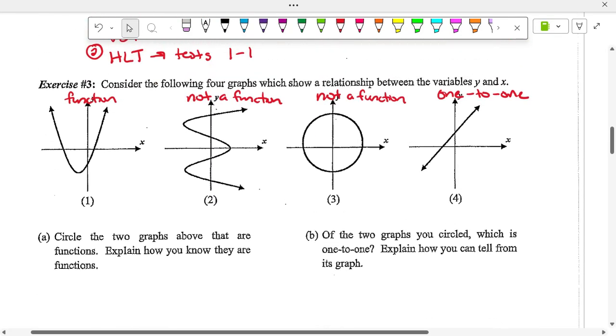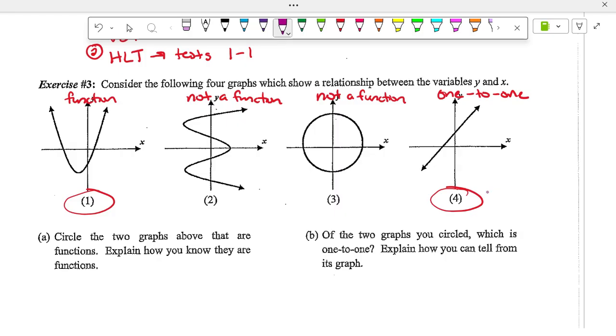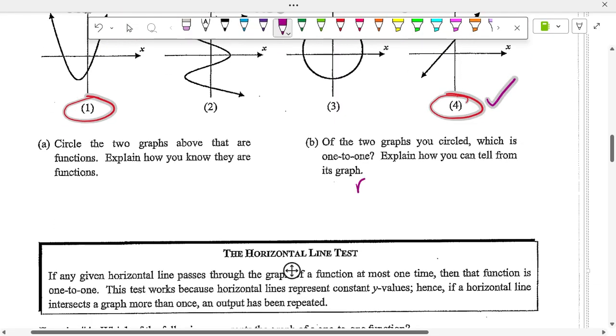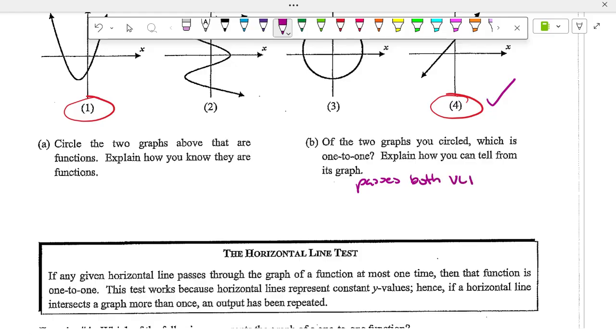So the 2 graphs that are functions are these 2. But this one is the one-to-one, because it passes both the vertical line test and the horizontal line test.